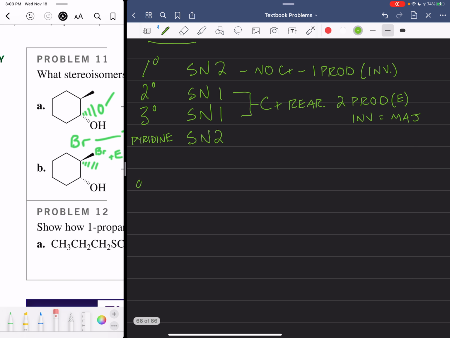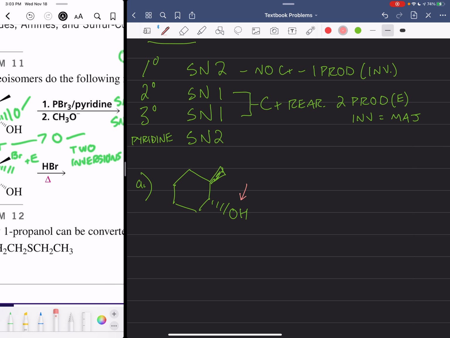So let's look at A. And we have this, and we have this, okay? So right now, our, quote, leaving group is this, but the whole idea behind this chapter is alcohol is a bad leaving group, so we need to get rid of that.